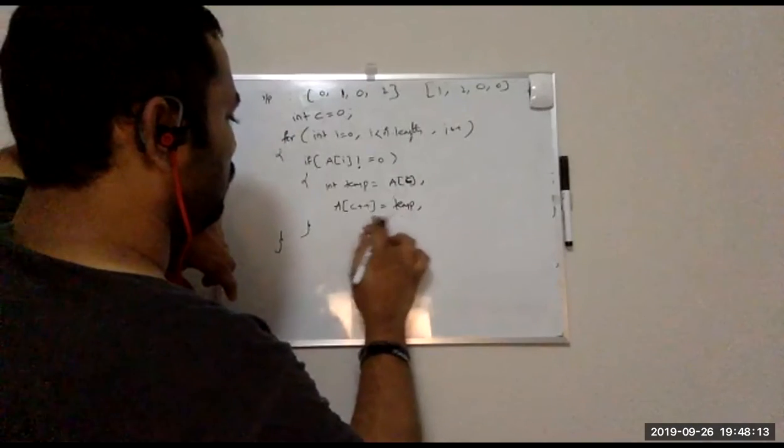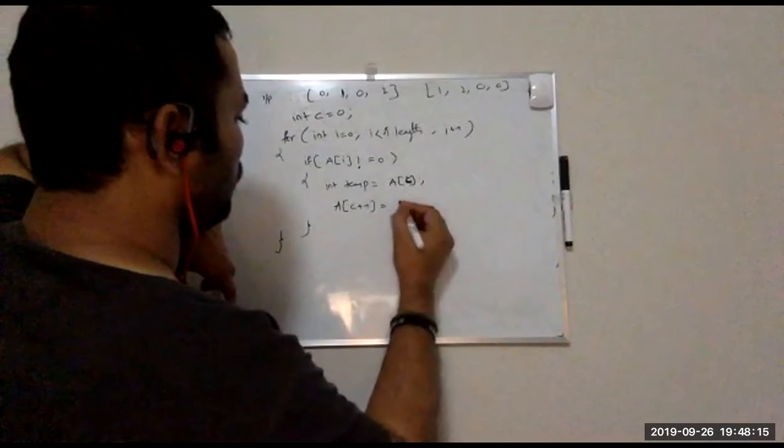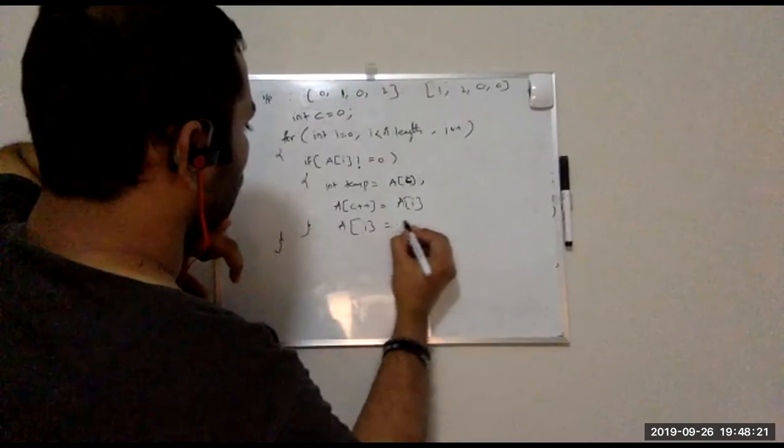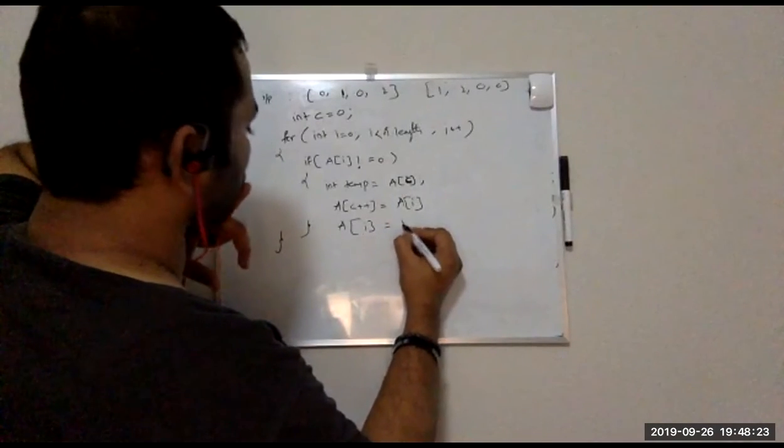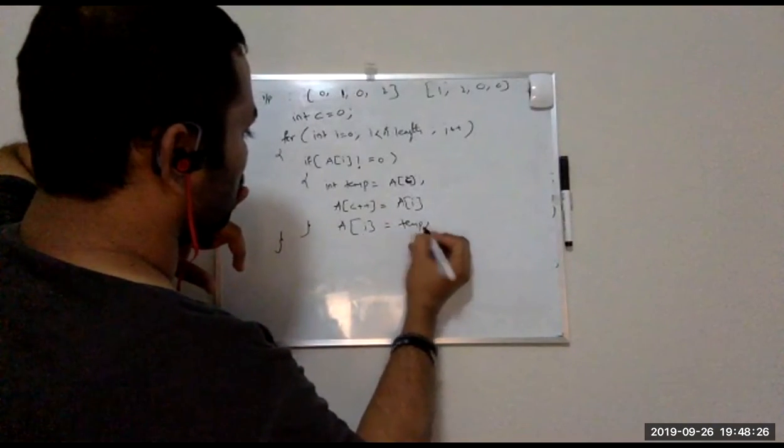Is equal to, not temp, A of I. A of I. Okay. Then A of I is equal to temp. Yep. So think of a... Oh yeah. Try to run the test.